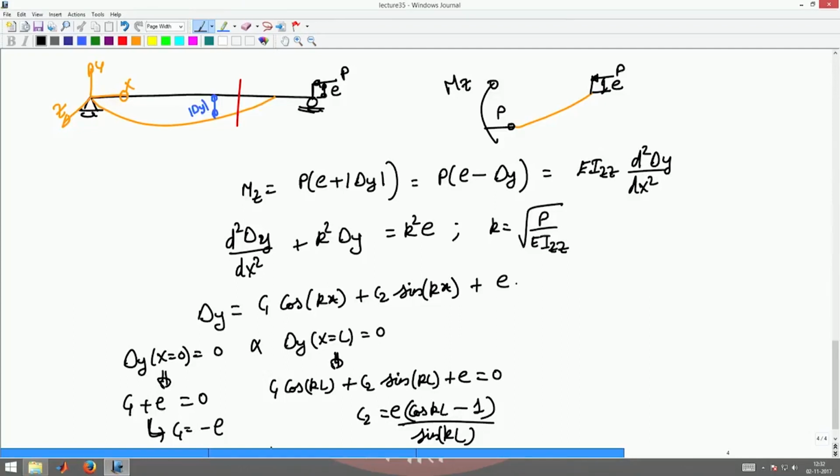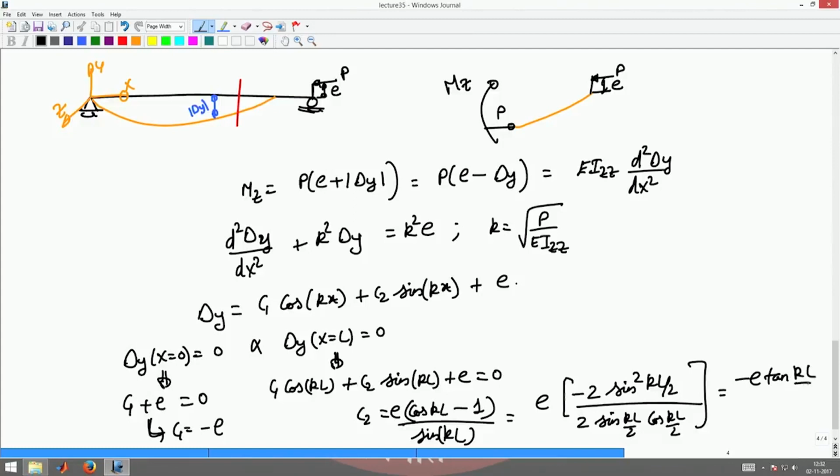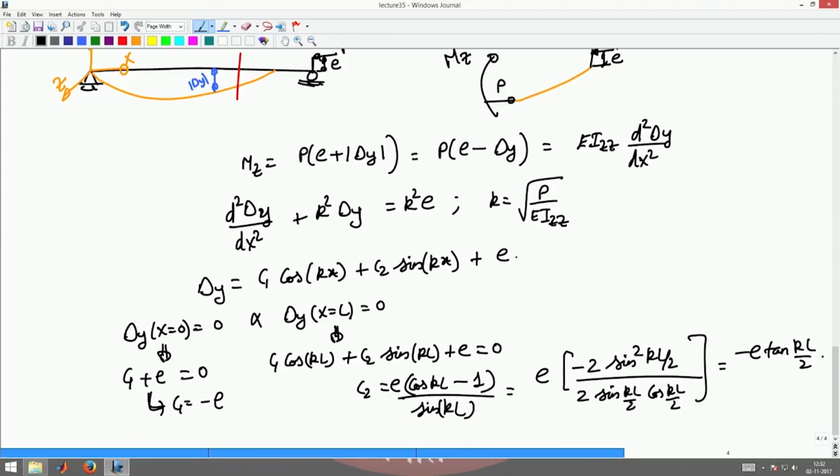Now, having found C1, now I can simplify C2 further as e times (cos kL minus 1), which can be written as minus 2 times sin square kL by 2, okay, and sin kL is 2 times sin kL by 2 into cos kL by 2, okay, and this becomes minus e times tan kL by 2.